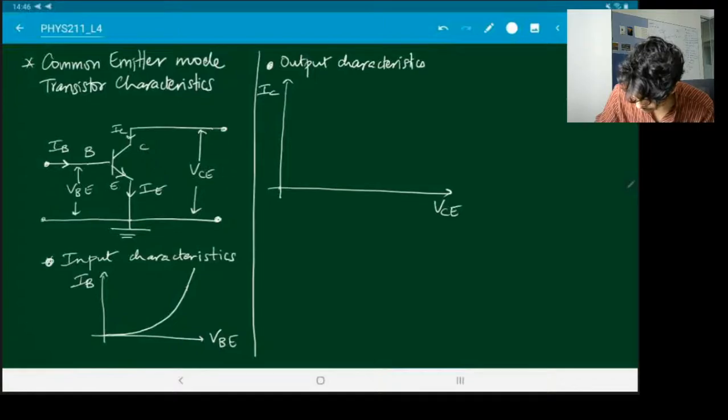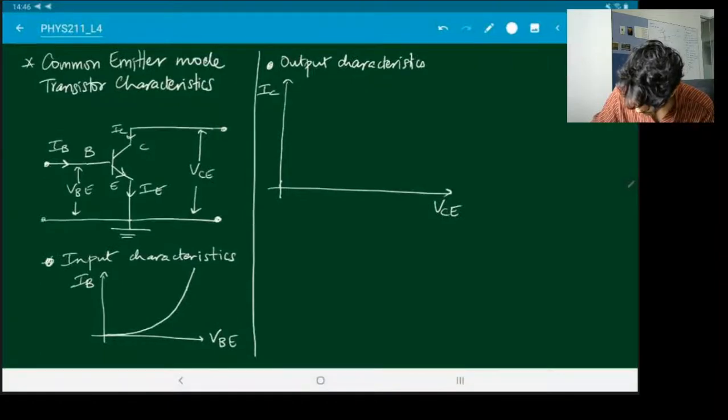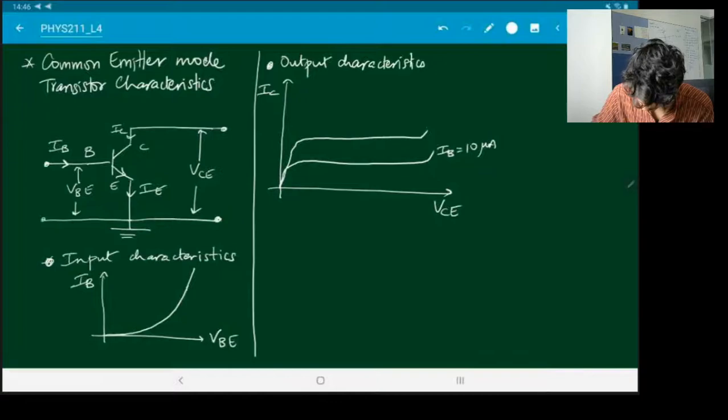So for example, if IB is, let's say, 10 microamperes, this is what it looks like. If you take some higher value, you get this.